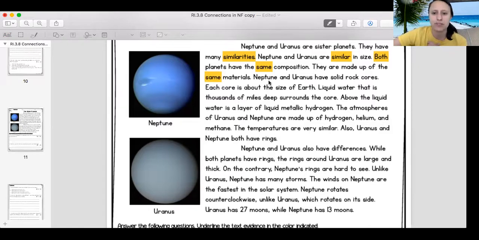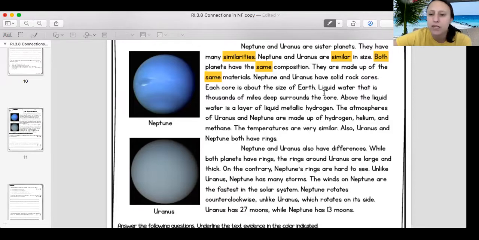Okay. So I'm going to keep reading. Neptune and Uranus have solid rock cores. Okay. Each core is about the size of Earth. Okay. But I don't see any of my signal words. Now, it's still telling me that they both have it. So because they've listed both of their names, but those names aren't signal words.